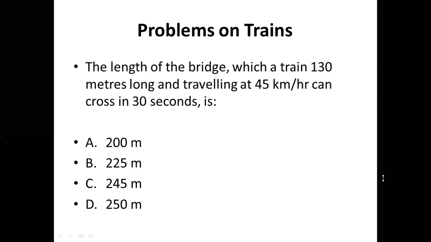The length of the bridge which a train 130 meters long and traveling at 45 kilometers per hour can cross in 30 seconds is. Yes. So what we have to find? We have to find the length of the bridge. This length of the bridge is needed, right?